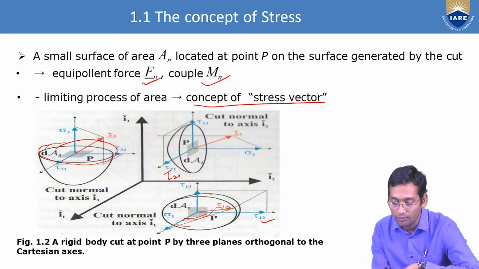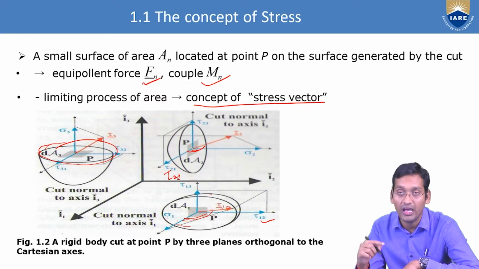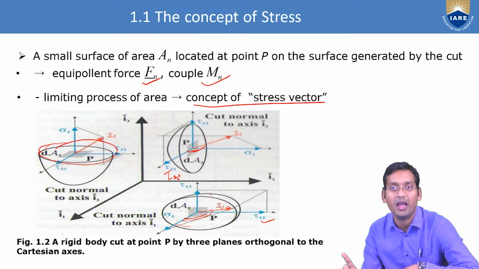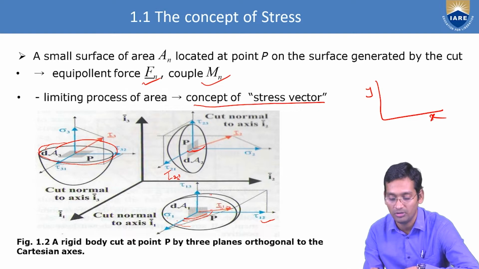So sigma 1 and sigma 2 will be here, and because of that, tau 21. So you have to take care in which direction it's acting, that is, in which plane. Remember, when we are considering that 12, that is acting in the plane 12, like just xy. So this is your y, this is your x. So we are seeing in the xy plane. So similarly here, 1, 2 means the 1, 2 plane.